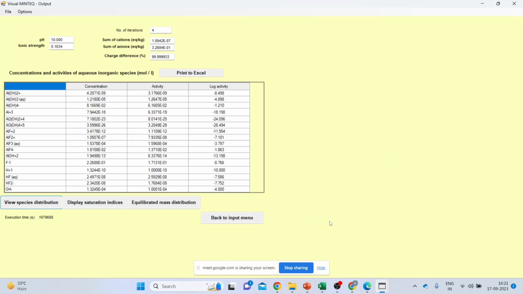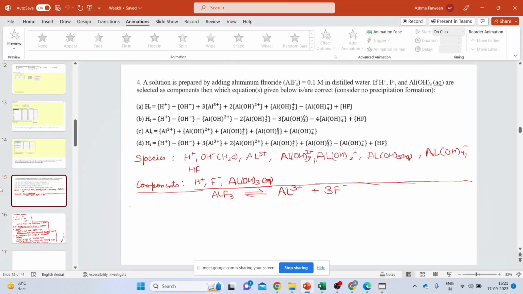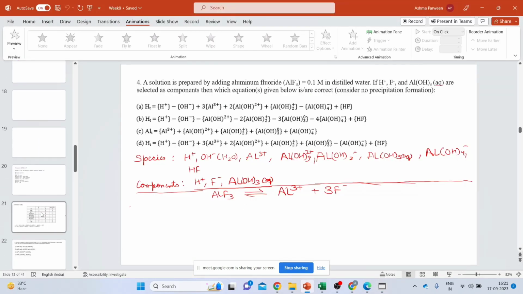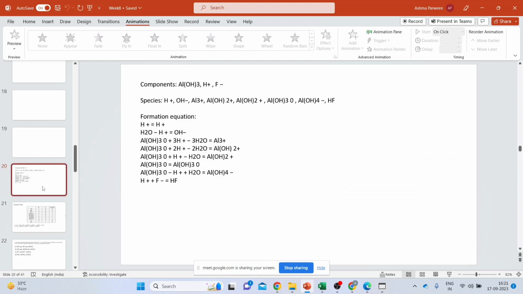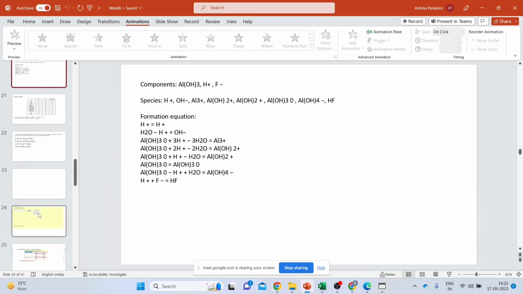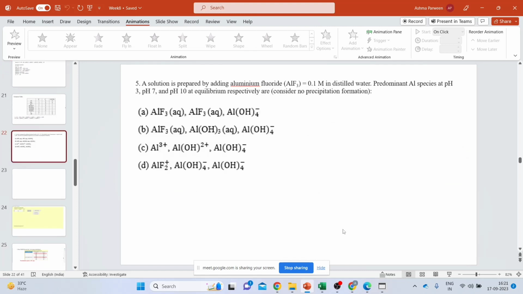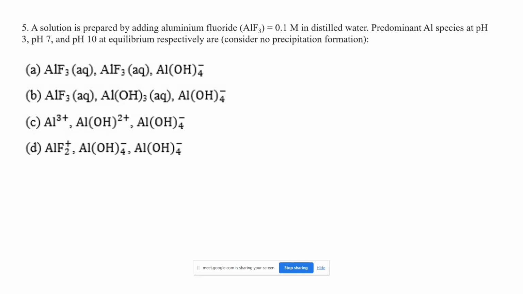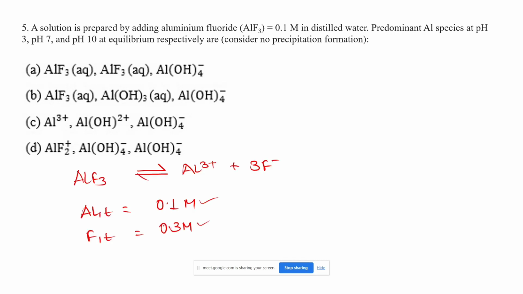So let's go back and see what options we were having. So we have seen that at pH 3, AlF3 aqueous was the dominant species.